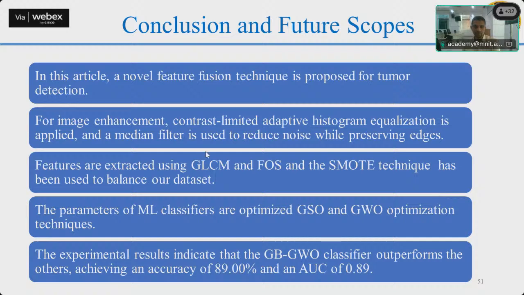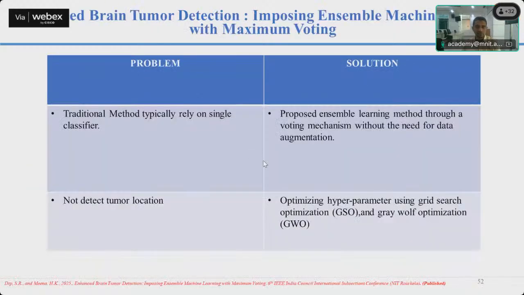What we say is that a novel feature fusion technique is proposed for tumor detection, with image enhancement, CLAHE contrast enhancement, and median filters applied. You have seen here how we use the CLAHE and median filter, and how it has become useful. This enhances brain tumor detection, improving ensemble matching with maximum voting.